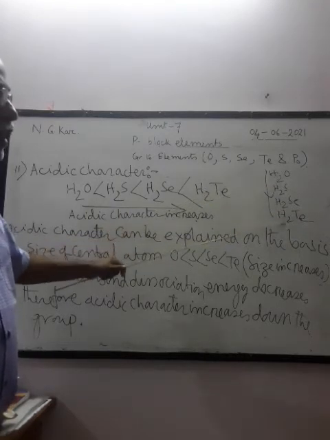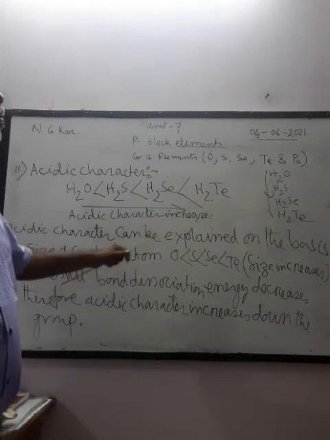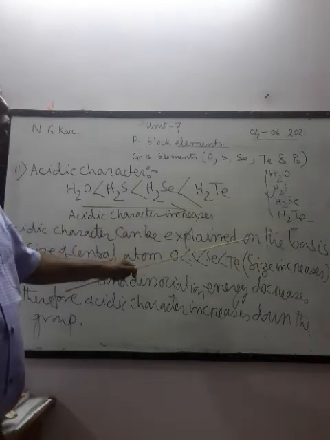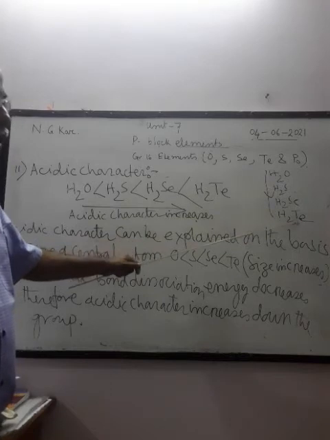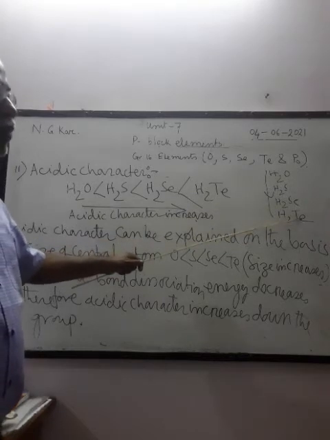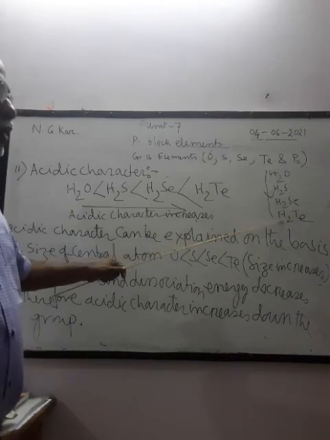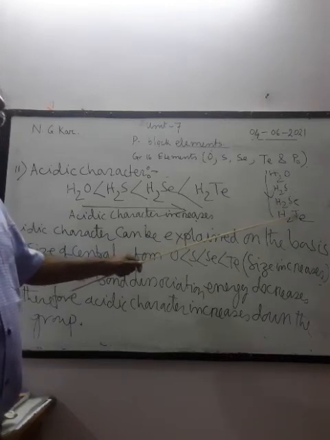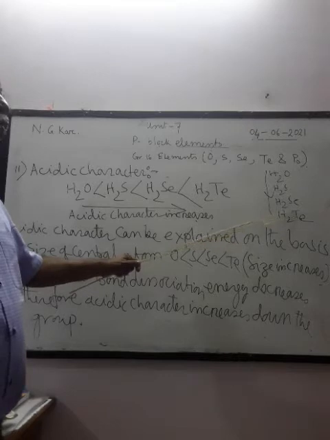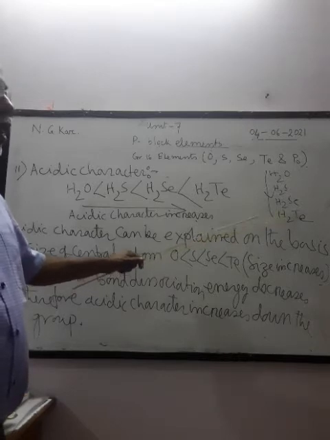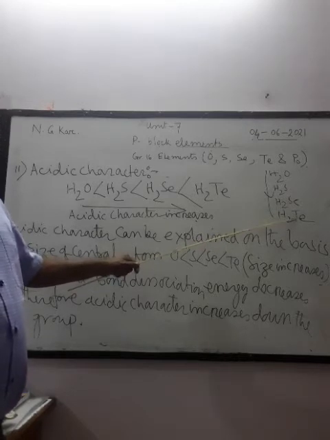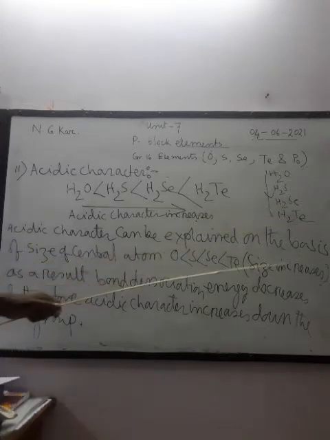Why does acidic character increase down the group? Because as we move down the group, size of the central atom increases, and as size of the central atom increases, bond dissociation energy of hydrogen and central atom decreases. So as bond dissociation energy decreases, acidic character increases.